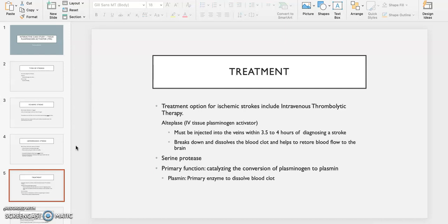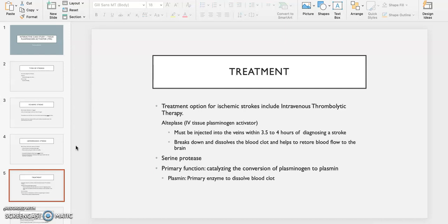So understanding the signs and symptoms of a stroke is imperative to get the necessary help so that this treatment can be used. Alteplase, as it is also known, breaks down and dissolves the blood clot and helps to restore blood flow into the brain.